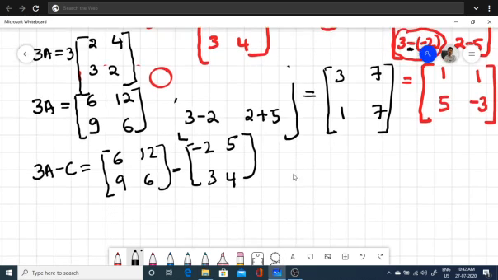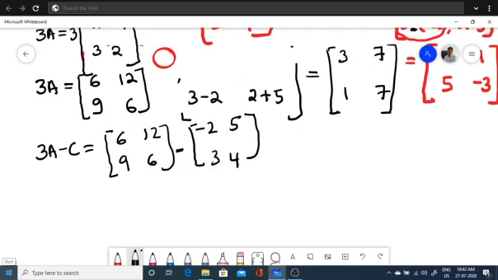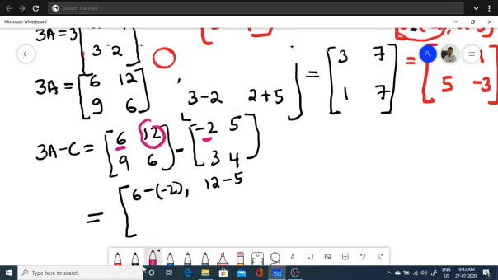So we are getting 6 minus of minus 2, observe that the corresponding element of 6 is minus 2 here, and 12 minus 5, because the corresponding element of 12 here is 5.